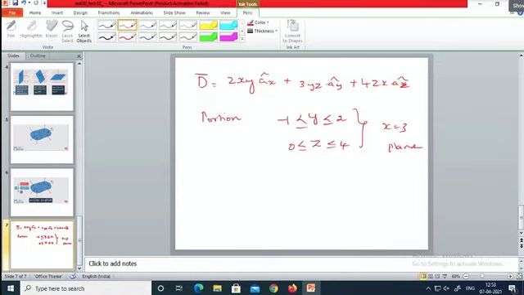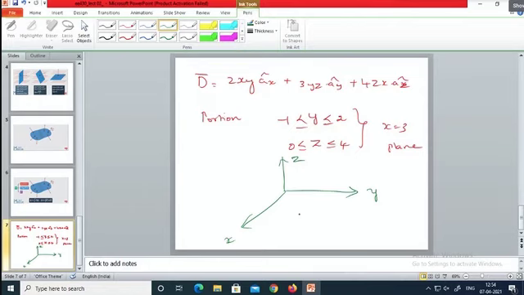So let me write the coordinates: this is z, y, and x. x is equal to 3 means which plane am I talking about?